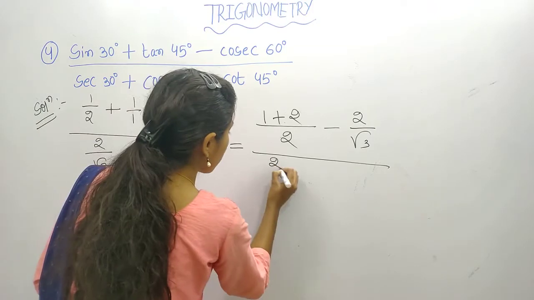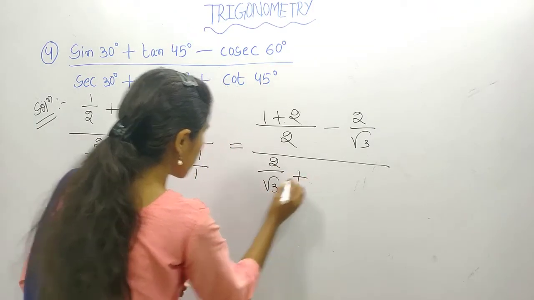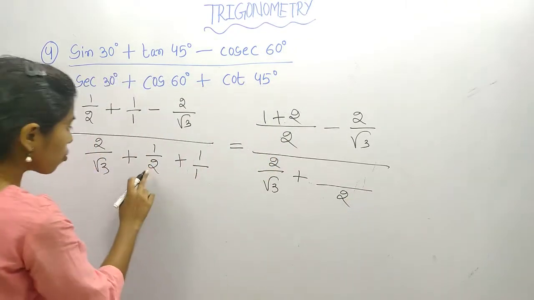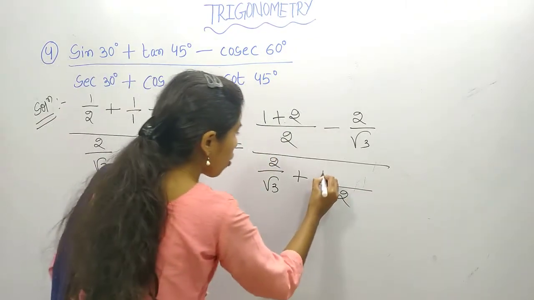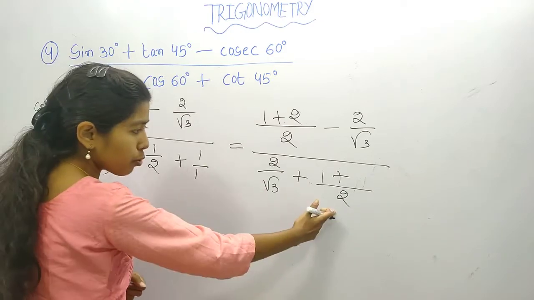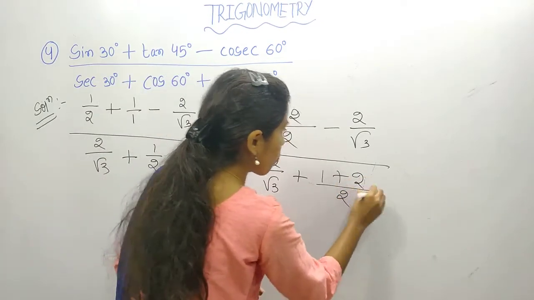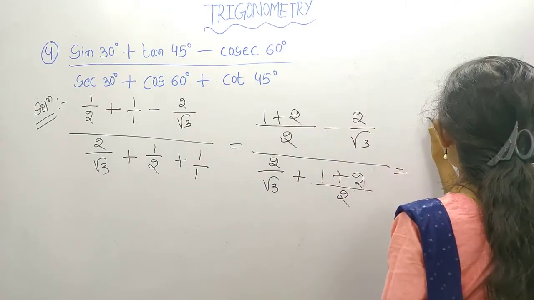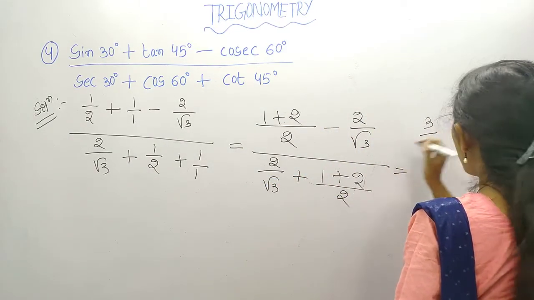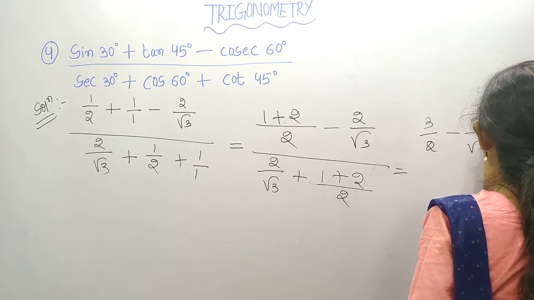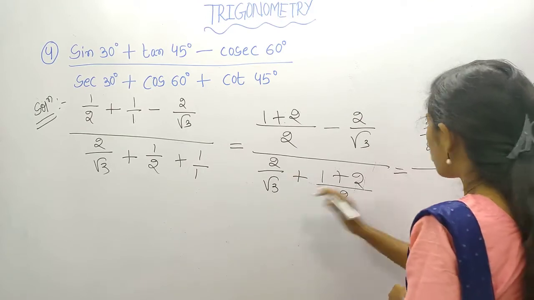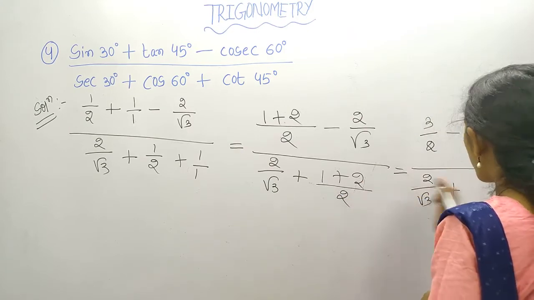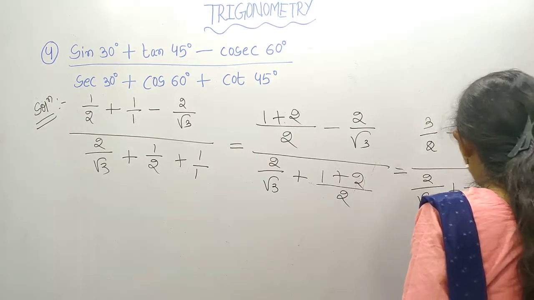So 2 by root 3 plus, here 2 into 1, LCM will become 2. So 2 into 1 is 2, 1 into 1 is 1, plus 1 into 2 is 2, 2 into 1 is 2. Next, here you see 2 plus 1 is 3, divided by 2, minus 2 by root 3, divided by 2 by root 3 plus 1 plus 2 is 3, divided by 2.